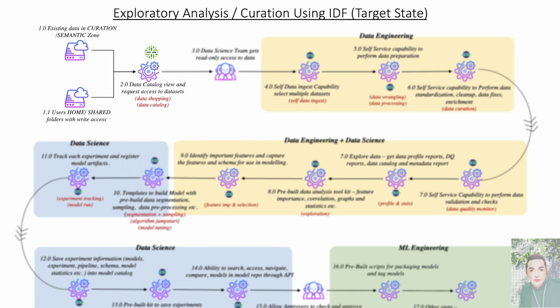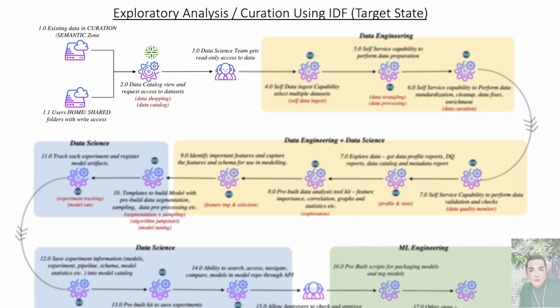So once you have a very robust, repeatable, automated data pipeline, you also get a data marketplace that allows you to do data shopping. Which means, as a data scientist, now that I have been onboarded, I've been given a task to do a time series forecasting solution for orders.